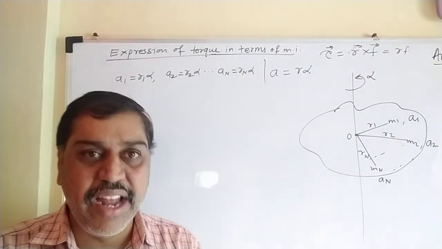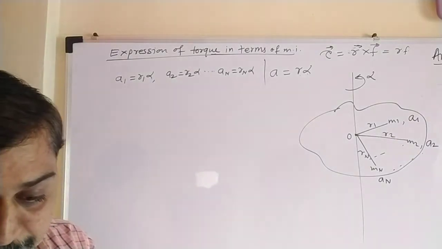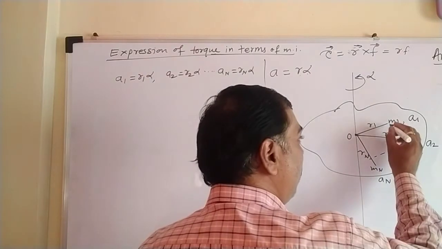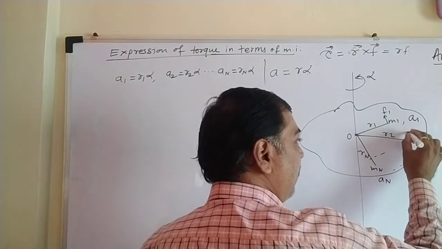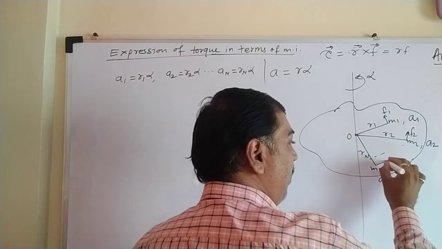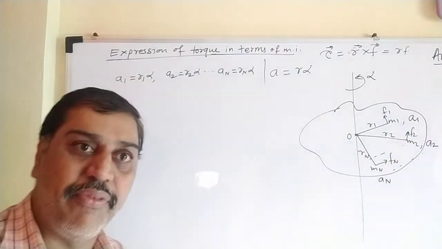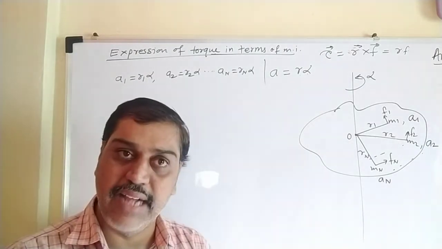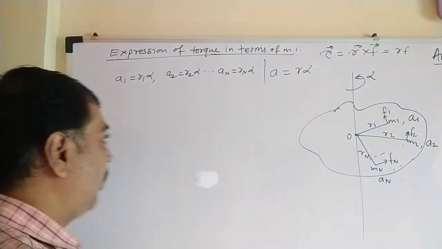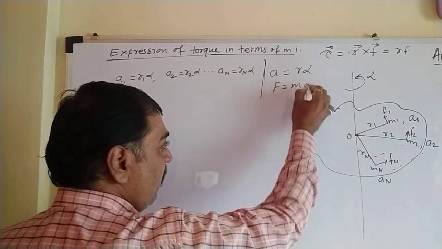And masses are already different. Now what is the force exerted? The force exerted by mass m1, that we have to find out. Suppose the first particle exerts a force F1, second F2, third F3, and so on up to the nth particle exerting a force Fn. We know the formula F equal to ma, Newton's second law.